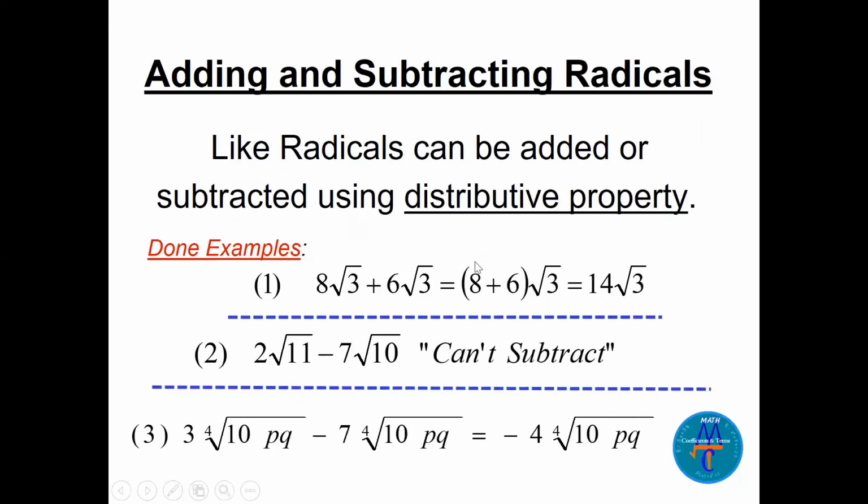Let's see adding and subtracting radicals. Like radicals can be added and subtracted. This is the same idea as on the previous slide. 8 square root of 3, 6 square root of 3. Can we add? Yes, because they are like. We can just add the numbers 8 and 6, or simply take the square root of 3 as common factor, and then add inside.